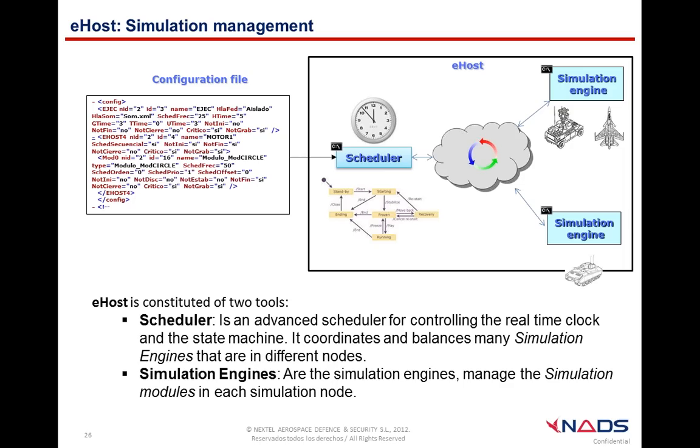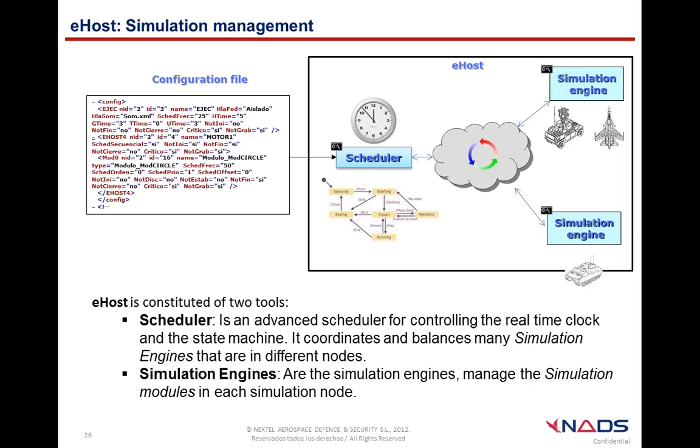These simulation engines are the tools that manage the modules in each node. Here, the thing is that the Scheduler and the simulation engines are decoupled. That is, the Scheduler doesn't know in which node the simulation engines are and how many simulation engines there will be. And simulation engines don't know where the Scheduler is.